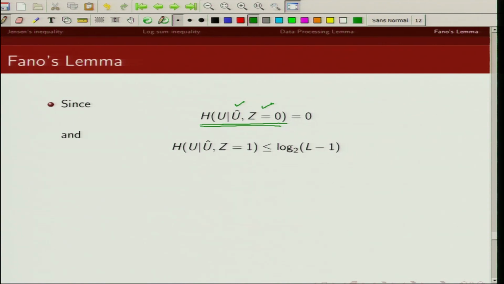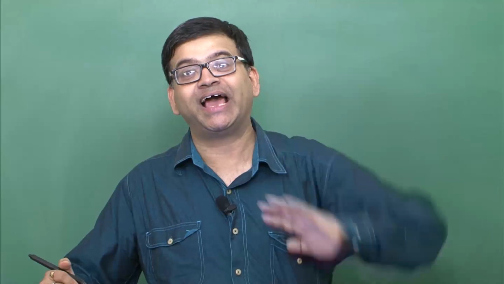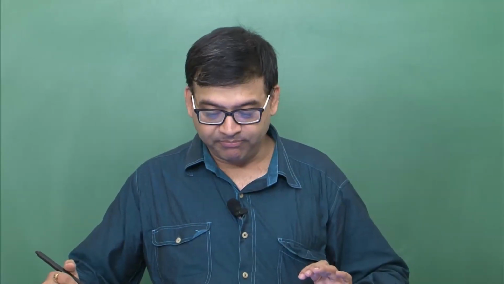So there is no uncertainty in U given U hat and Z equal to 0. So this uncertainty is 0. What about when Z is 1? When Z is 1, this corresponds to the case when U is not the same as U hat. That means an error has happened. So in this case you know that U is not equal to U hat, but you do not know which of the remaining L minus 1 possibilities.